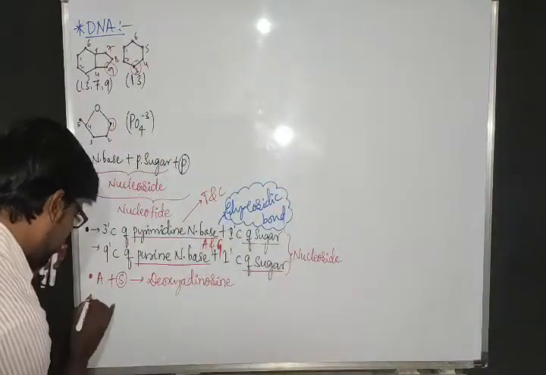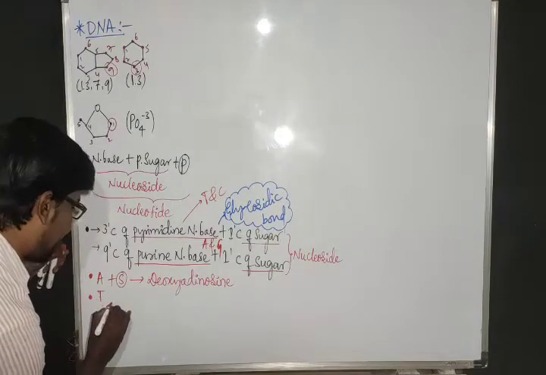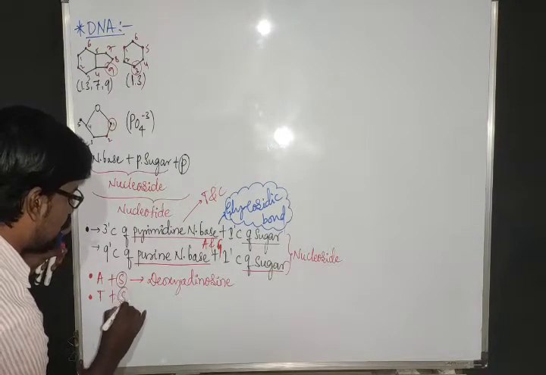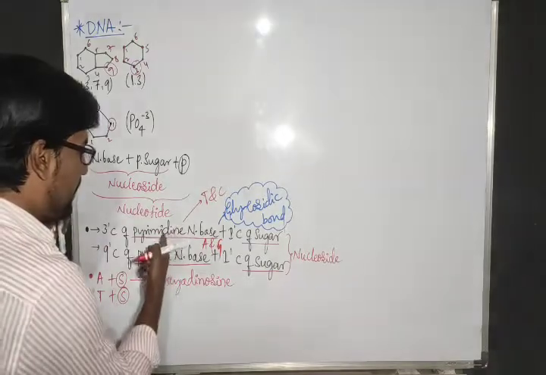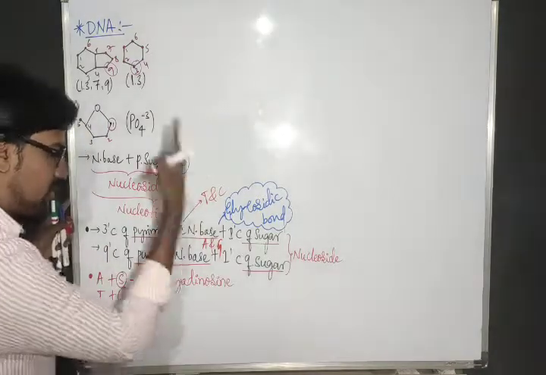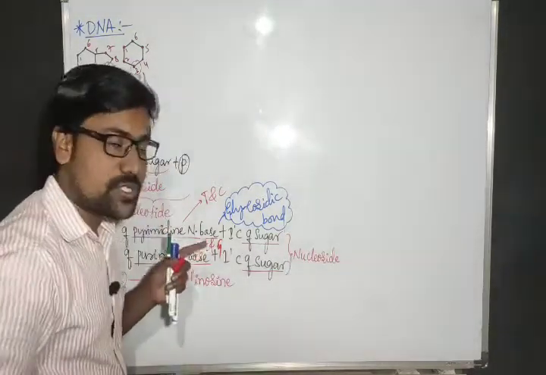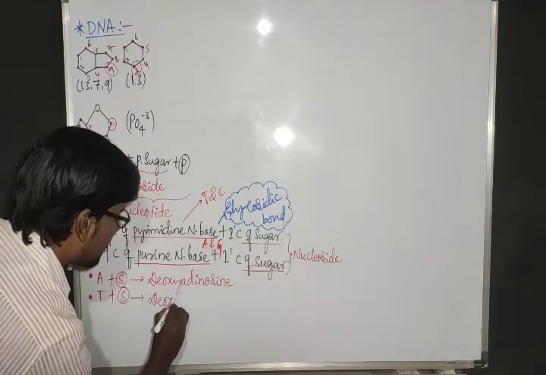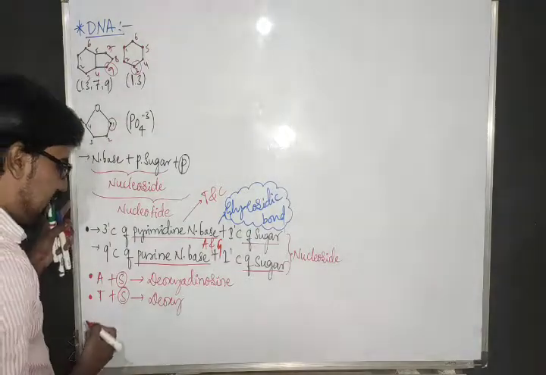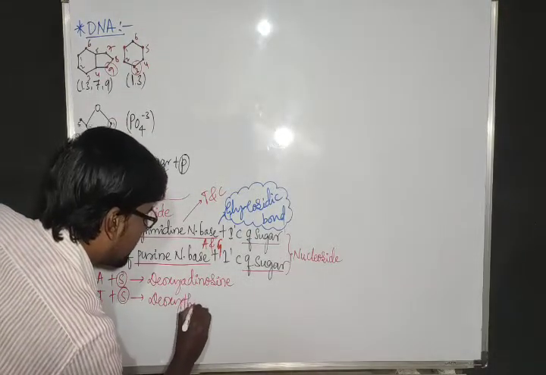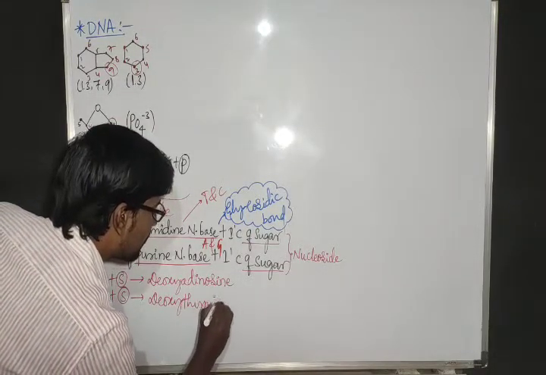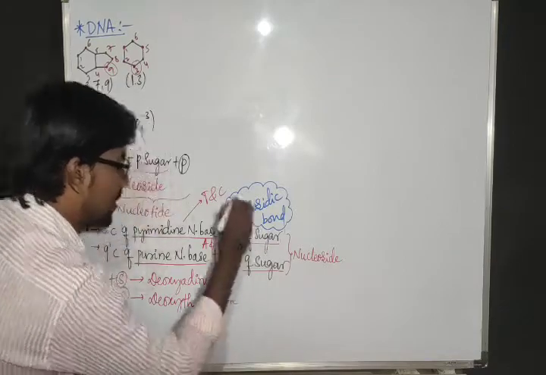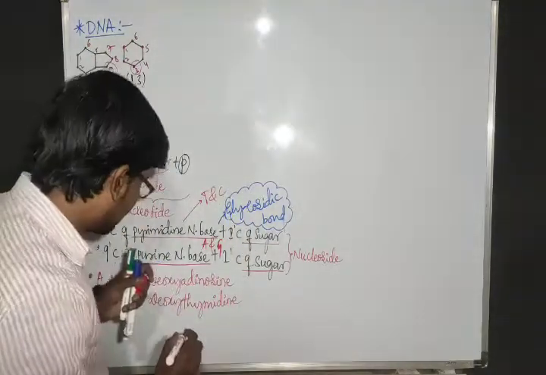Suppose it is thymine, thymine combines with the sugar. Thymine means pyrimidine. Then what is formed? Nucleoside. That nucleoside name is deoxythymidine.